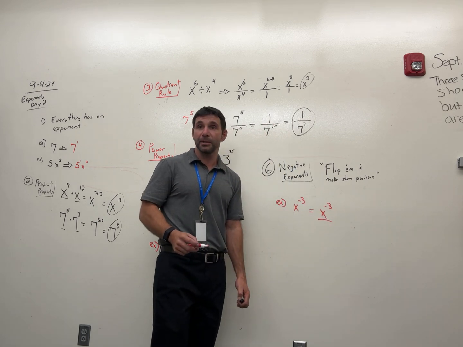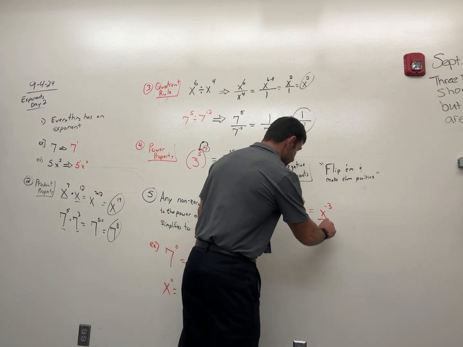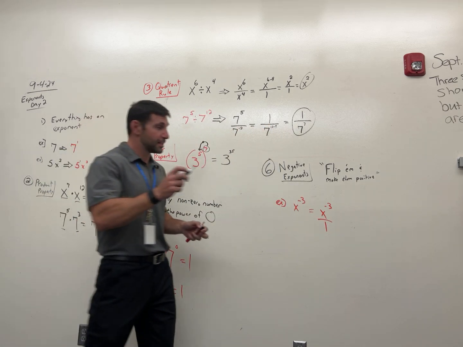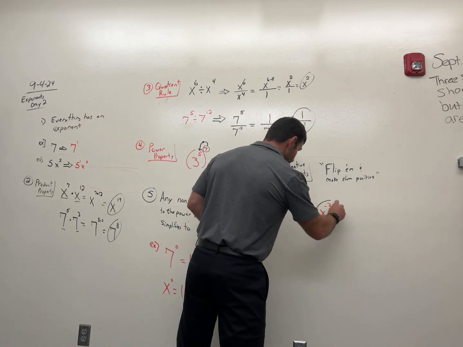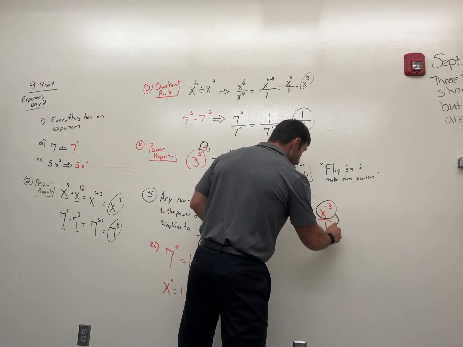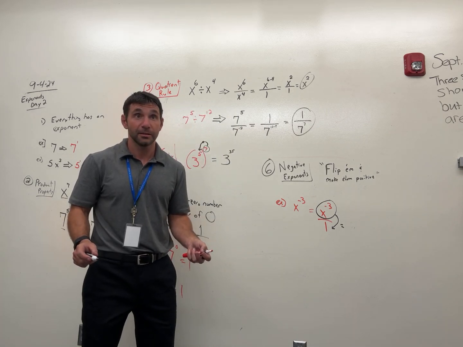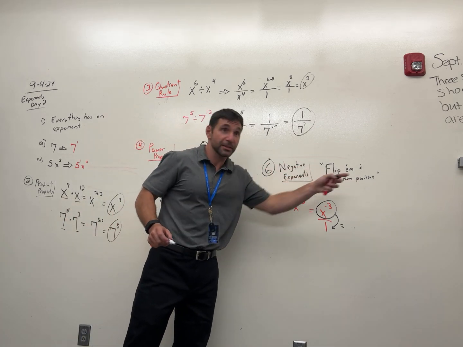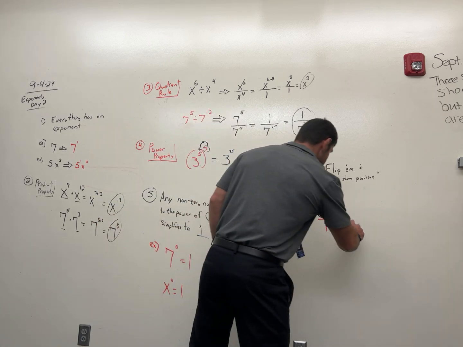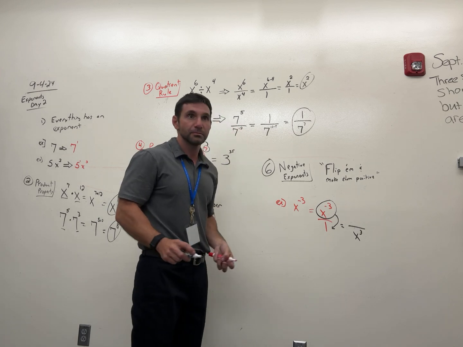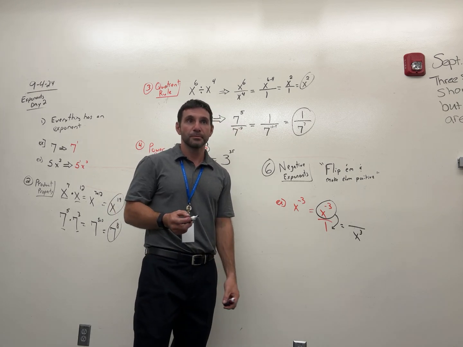What can we always divide something by? 1. Okay. Flip them and make it positive. This x to the negative 3 is going to go to the denominator and become what? X to the positive 3. Well, what goes in the numerator? What number? 1.